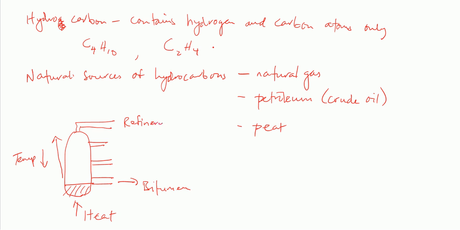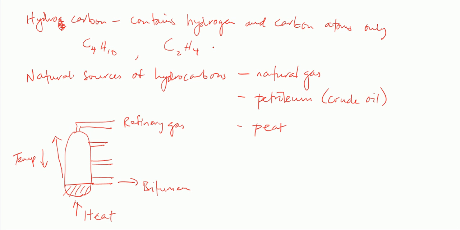So your syllabus basically says that you need to give at least 3 fractions. So you can give refinery gas at the top, and we use that for cooking. And then right below refinery gas we have petrol, which we use as a fuel in vehicles, right?